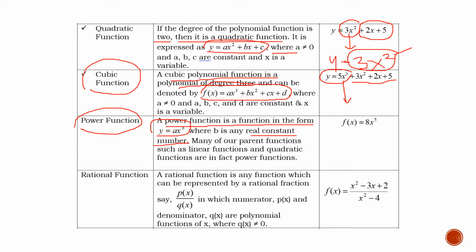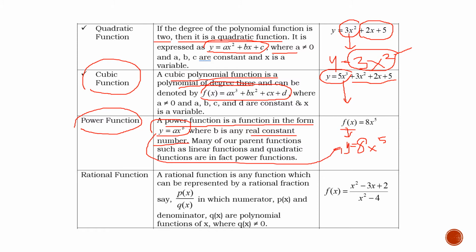When we say a real constant number, this will be a number without any variable attached to it. F of x can be replaced by using y. So we can rewrite this one as y is equal to 8x raised to 5. And we need to consider this general form here.